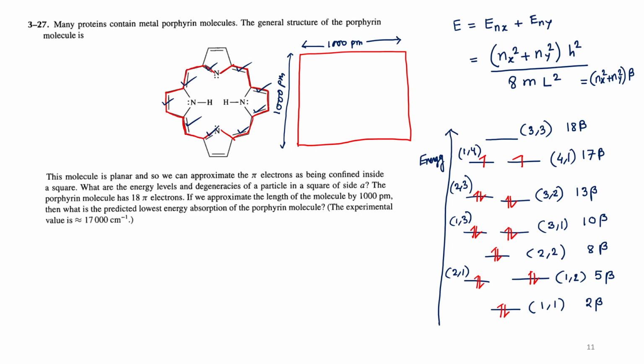According to Hund's rule, we first fill them with unpaired electrons, and then we can pair them, right? So these 18 pi electrons are there, and these are my states. My HOMO is a degenerate state here, and LUMO is 13 beta. Are you getting my point?